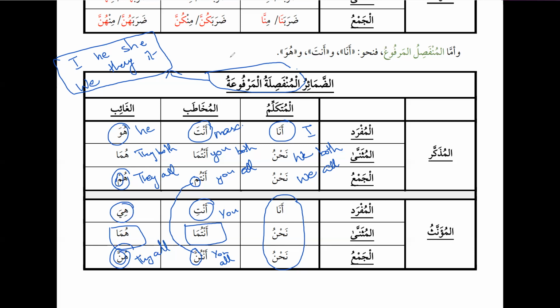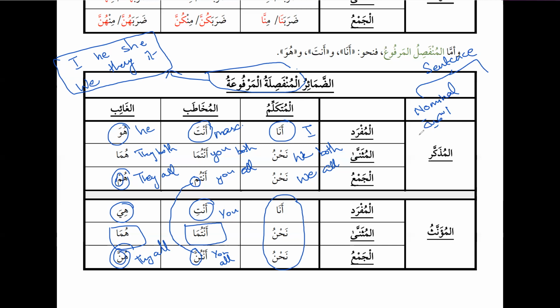One might wonder when we use these ضمائر منفصلة مرفوعة. Just to give you a slight idea, sentences in Arabic are of two types. There is a nominal sentence, which is called jumla ismiya.